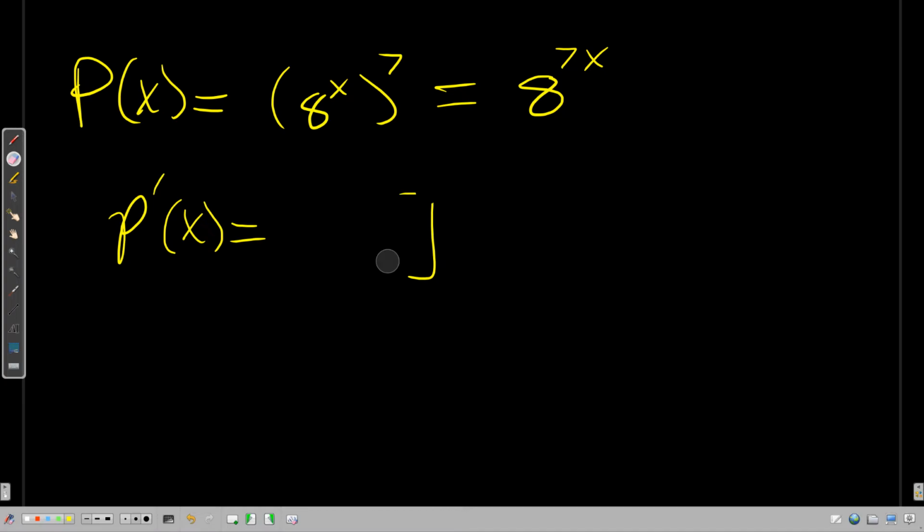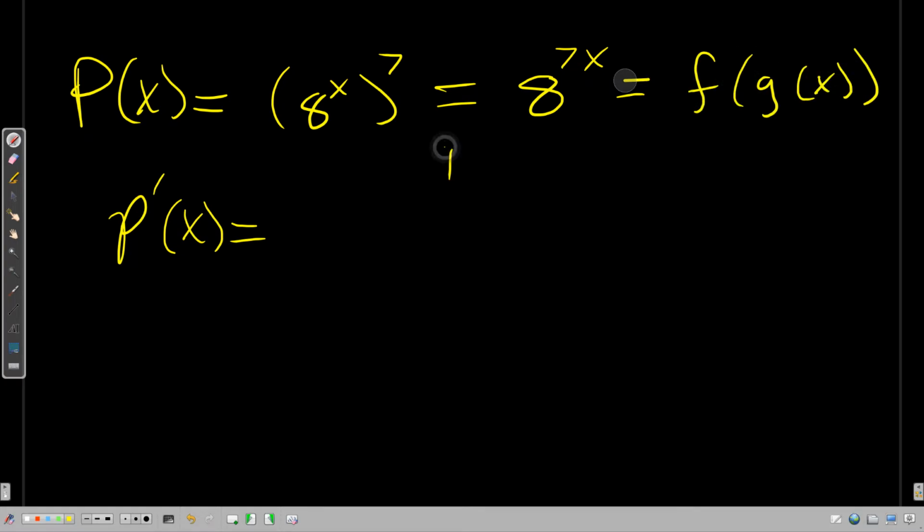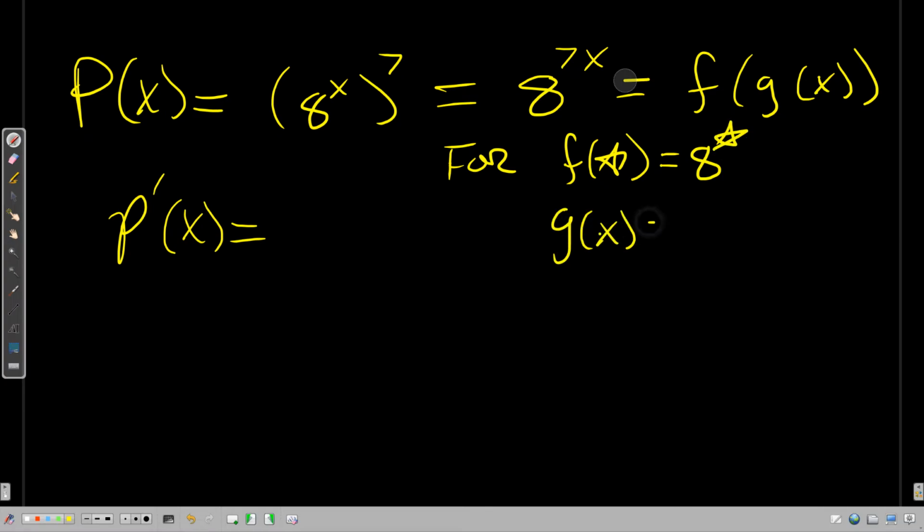Here, let's write it. So this looks like f of g of x for f being 8 to the star and g being 7x.